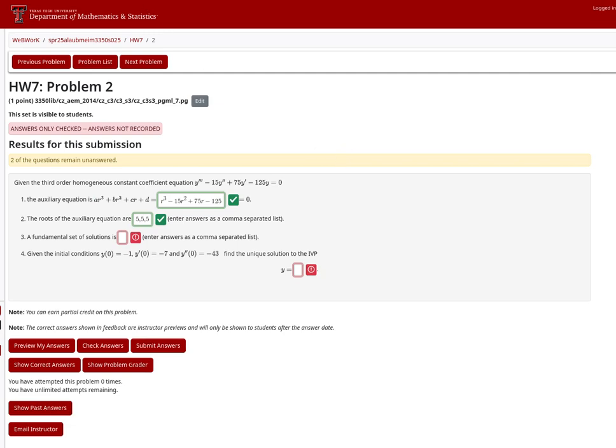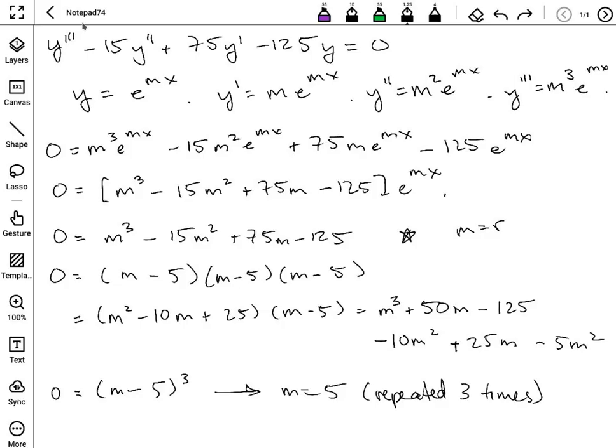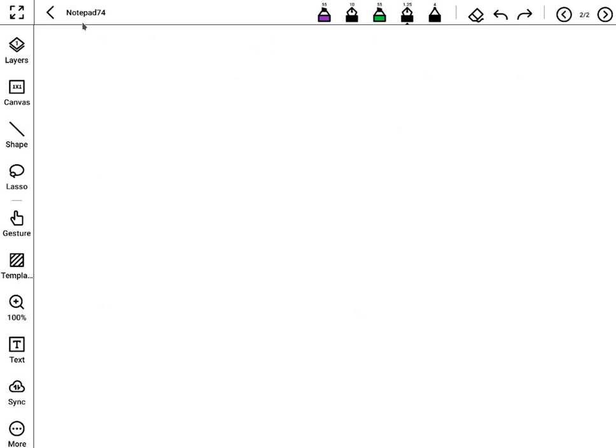And then to get the fundamental solution set, we know m equal to 5 gives us e to 5x. And whenever we have repeated roots, we multiply by x as many times as we have repeats. So x e to 5x would be the next solution, for a root repeated twice in total.